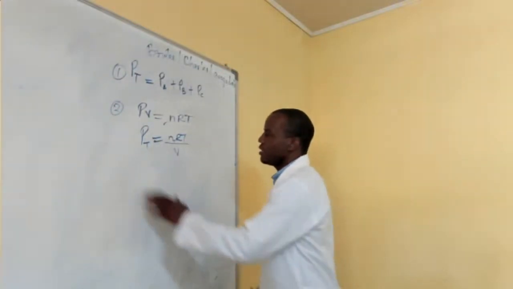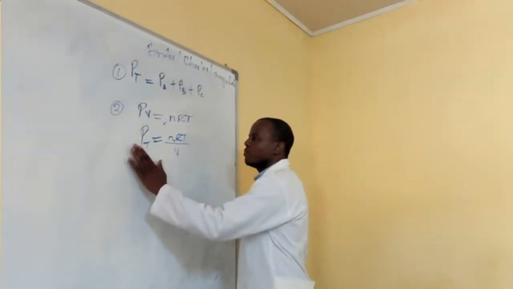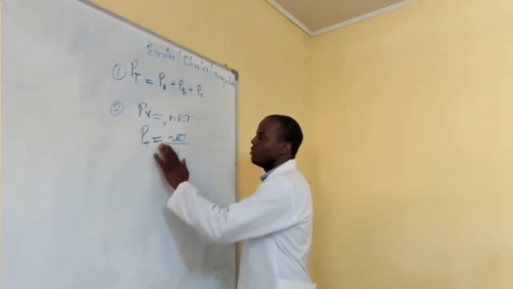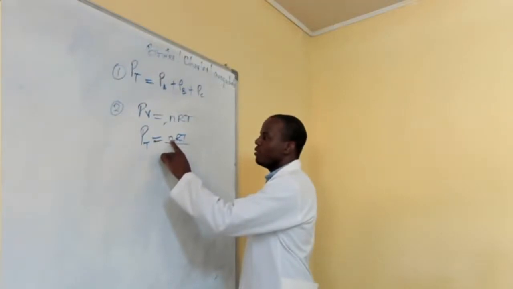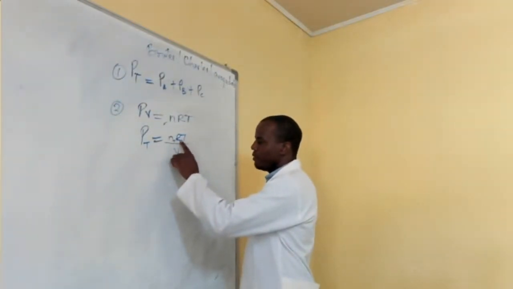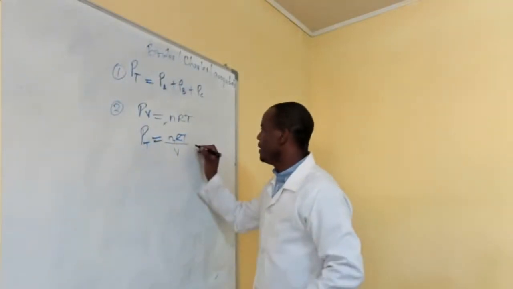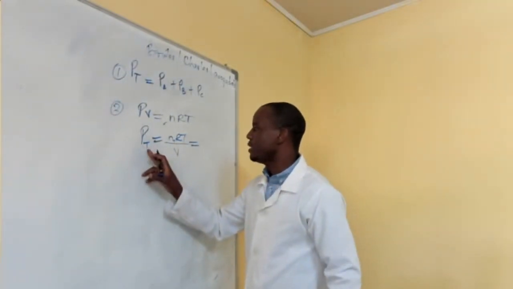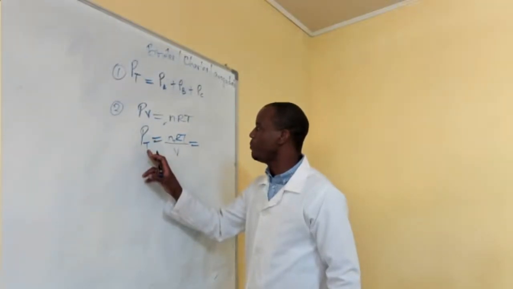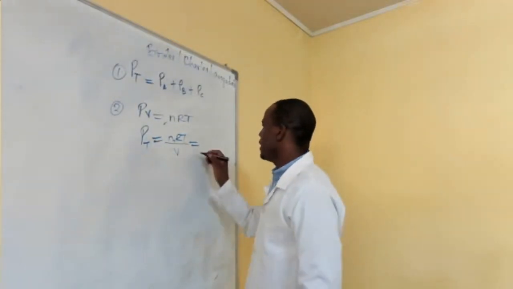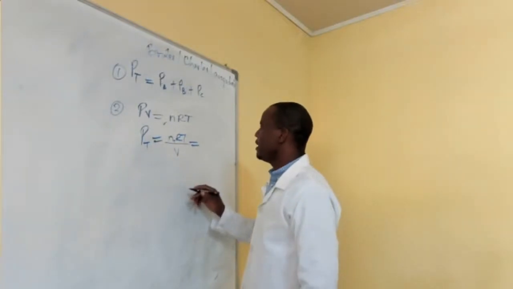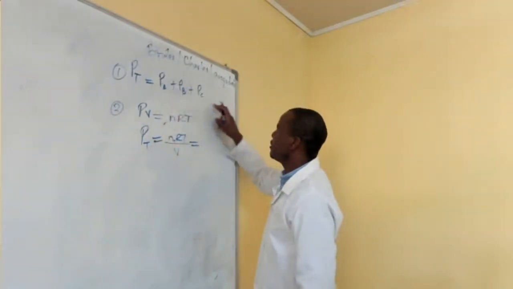Therefore, we can say that total pressure is equal to total number of moles multiplied by R and T, and then divided by the volume. Meaning that if the total pressure is a sum of the partial pressures, then we can say that this will actually be equal to the summation of these partial pressures.